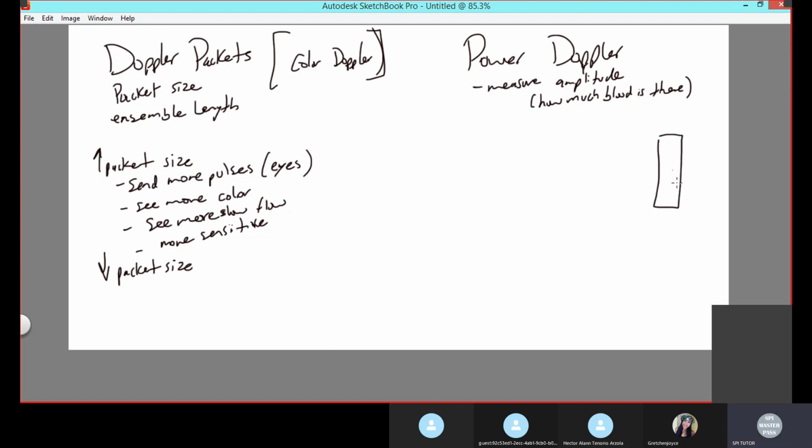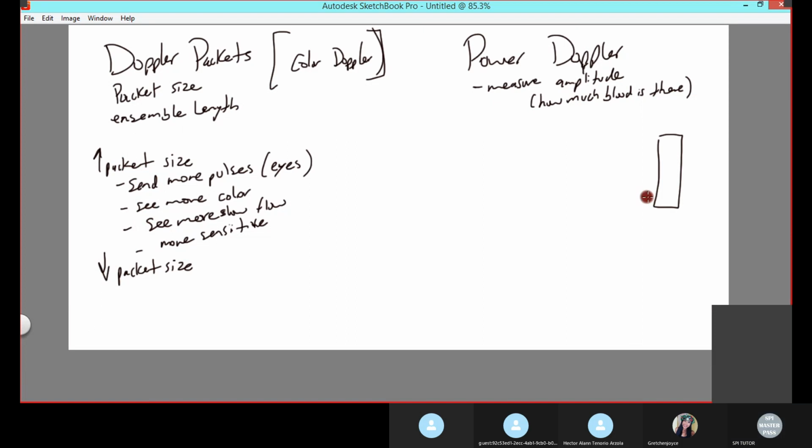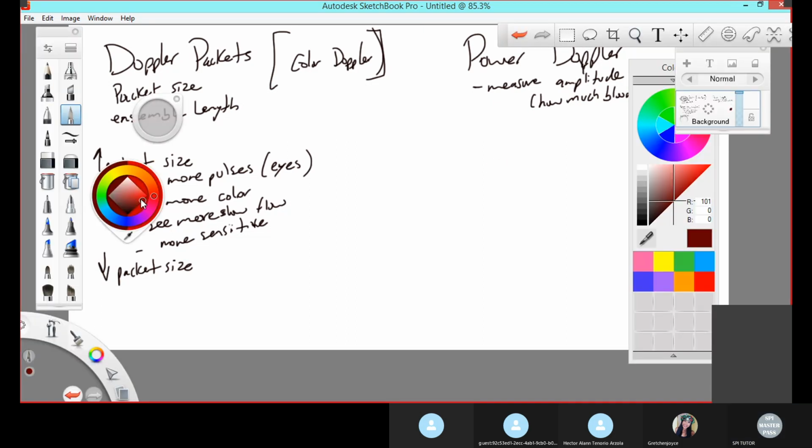The map for this does not have a baseline that divides direction. The map for this is essentially one color changing shades. So it's one color changing shades.